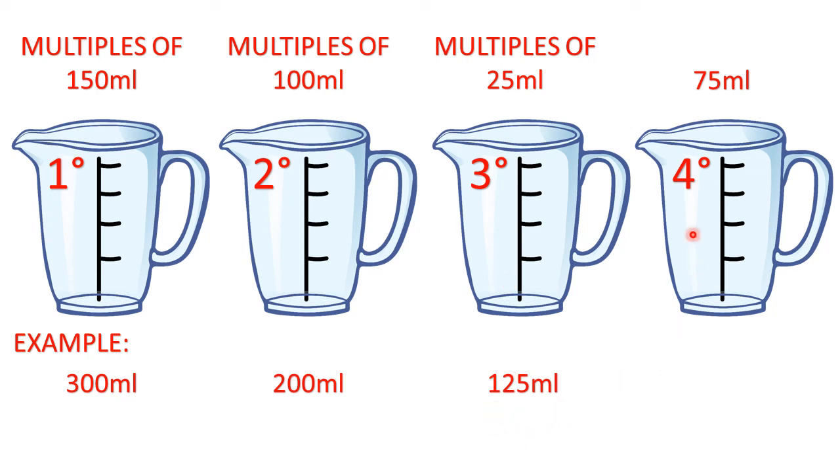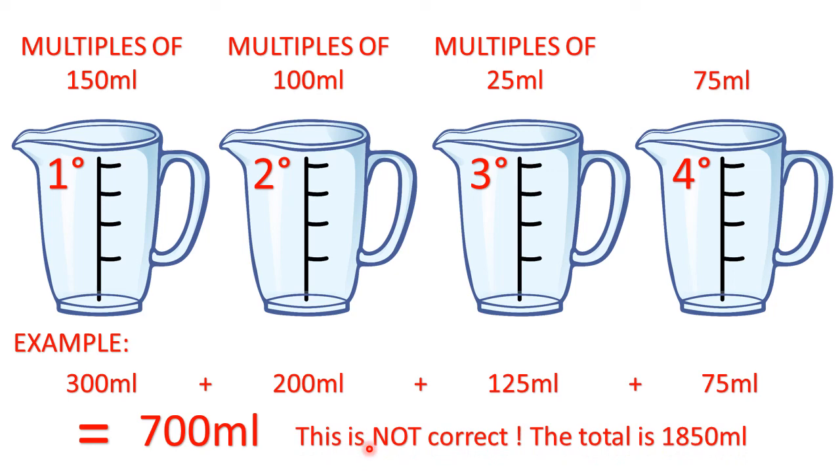And not a multiple of 75, just 75 milliliters. 300 plus 200 plus 125 plus 75 equals 700 milliliters. This is not correct. The total must be 1,850 milliliters. And you need to find at least 3 different solutions.